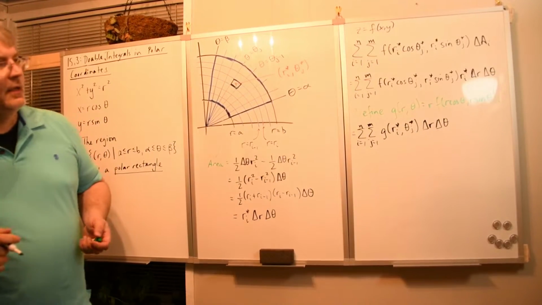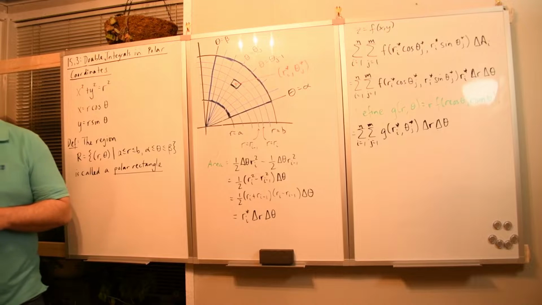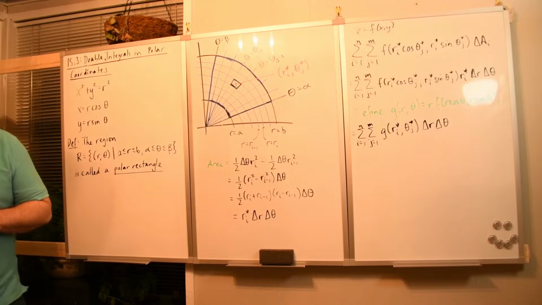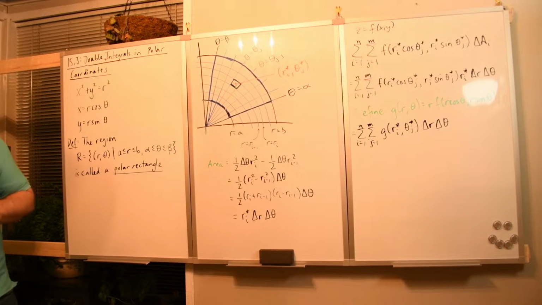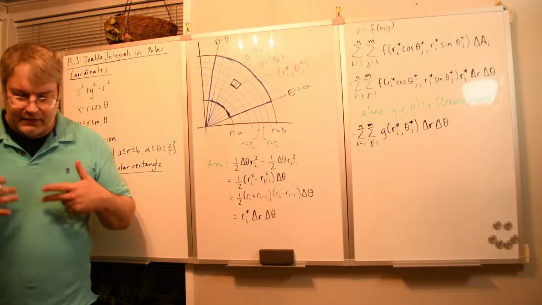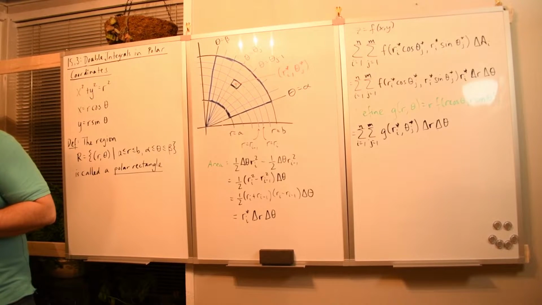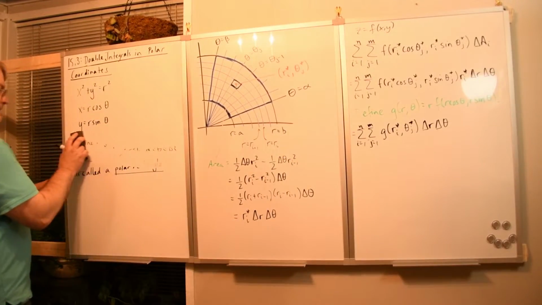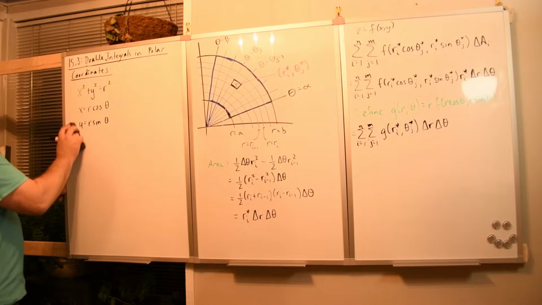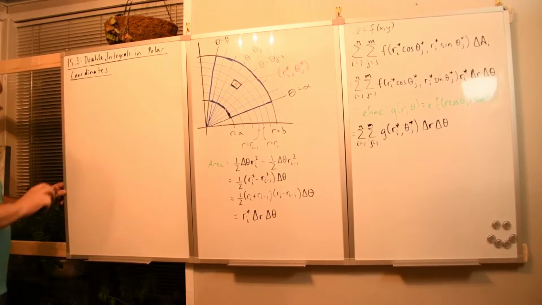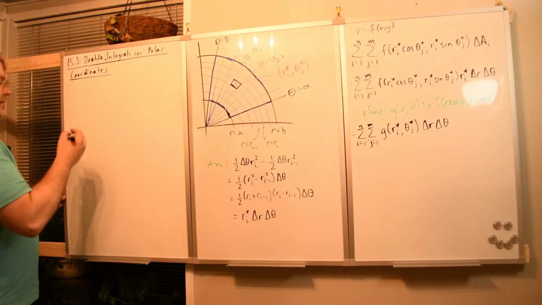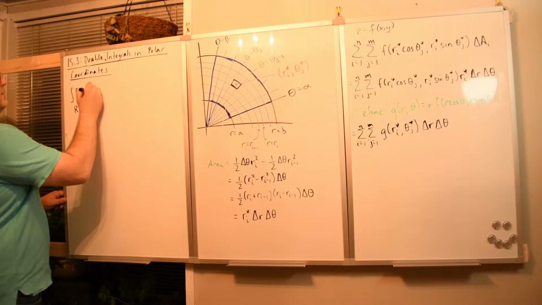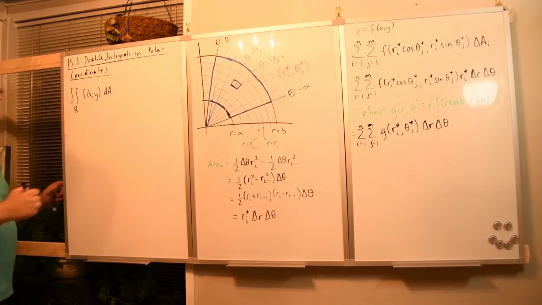Now, let's think about what that means in terms of our double integral over some sort of region R. And what we're going to be integrating is this f of x y. Let's think about what that is actually going to equal. So we'll go over here. And then what we'll have is this double integral over R of f of x y dA.